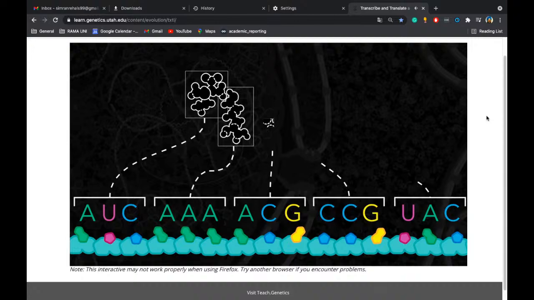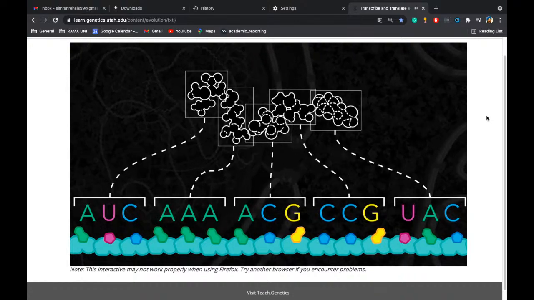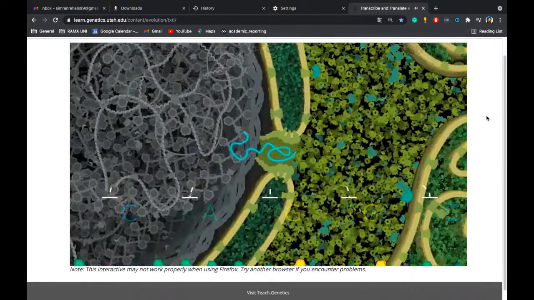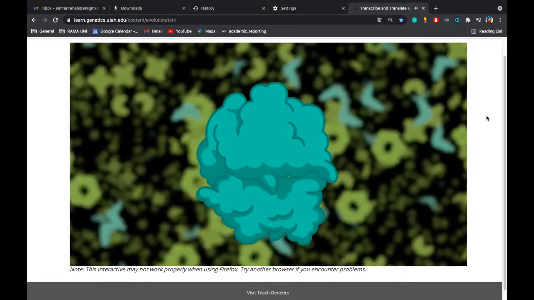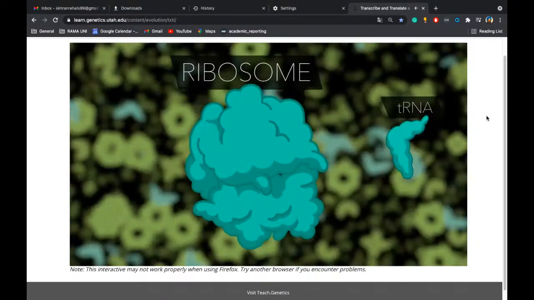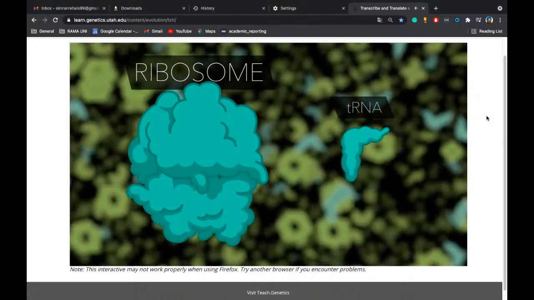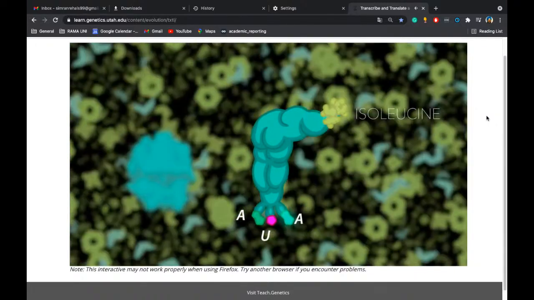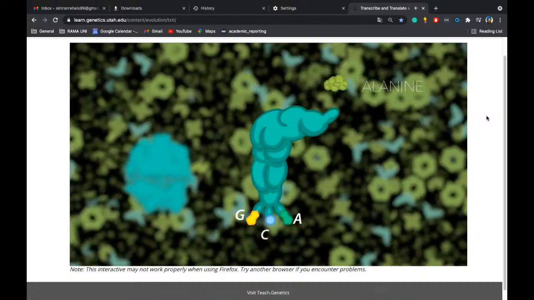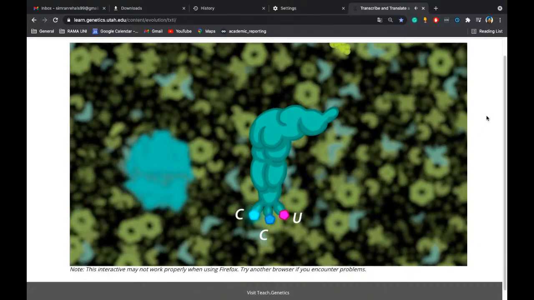Each codon must be translated, one after another, in order to build a functioning new protein. The key structures in that process are the ribosome and transfer RNA, tRNA. Each tRNA molecule has its own anticodon and a matching amino acid, the building blocks of proteins.